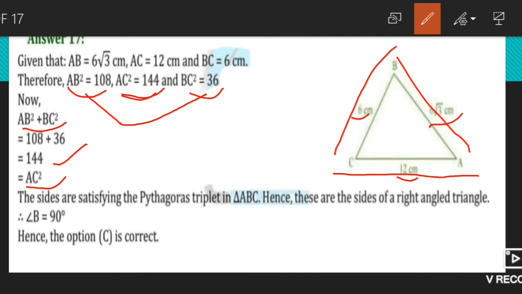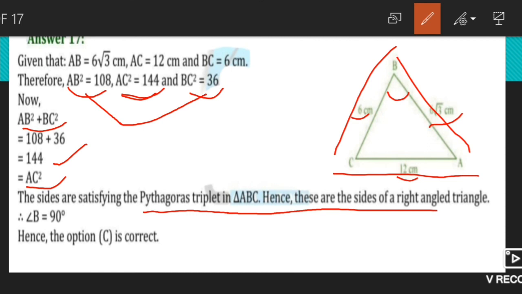The squares of two sides add up to the square of the third side. That means by the converse of Pythagoras theorem, you can say that angle B will be 90 degree, which satisfies the Pythagoras triplet in triangle ABC.